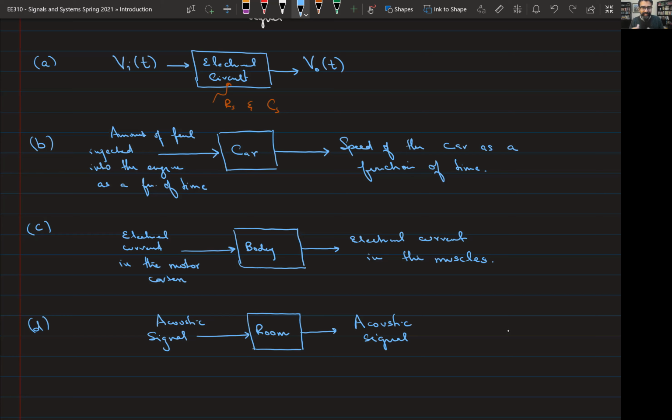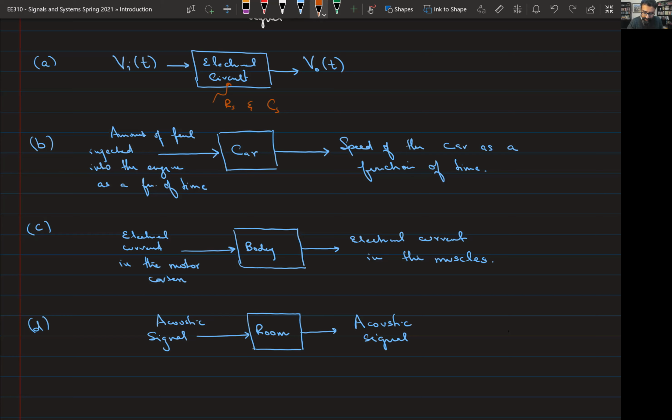Okay, so these are just 4 examples of systems, right? And by the way, for each one of these systems, you will have different examples of signals as well, spanning multiple domains and different areas of specialization, if you will.